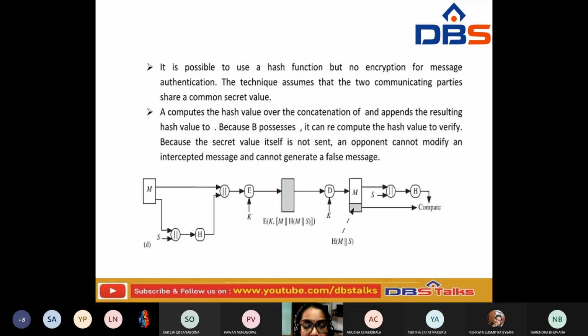Here, after computing the hash value, we perform the concatenation, which means appending the result to the hash value.